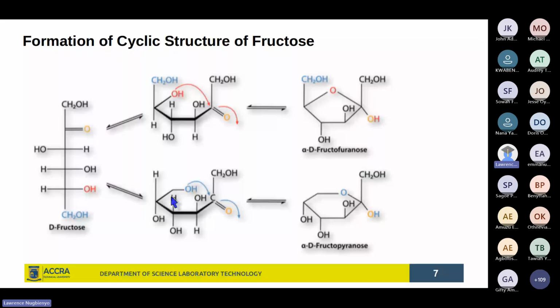And here we see the ketone group is on carbon number 2. Intentionally, we've written the oxygen of the ketone group in yellow, or is it orange? I think it's clear. Then we have the hydroxyl group there, which is on carbon number 5.